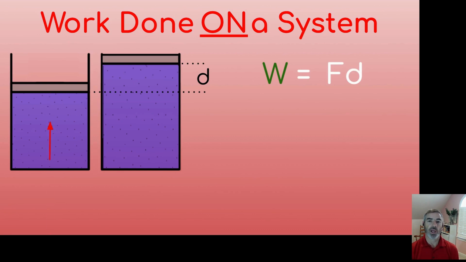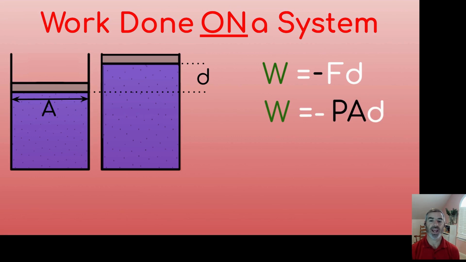Now that force is transferring energy to the piston. So therefore the system loses energy because the piston gains energy. So we're going to make that work value negative. Now we also know that the piston in 3 dimensions has a cross-sectional area, we'll call it A. And we know that force is just pressure times area.